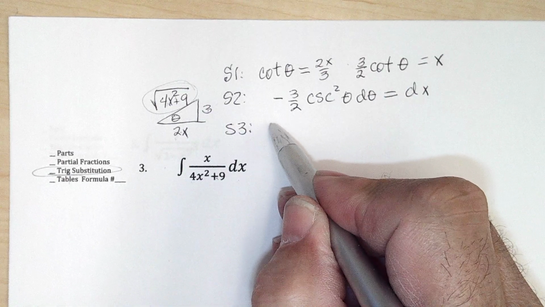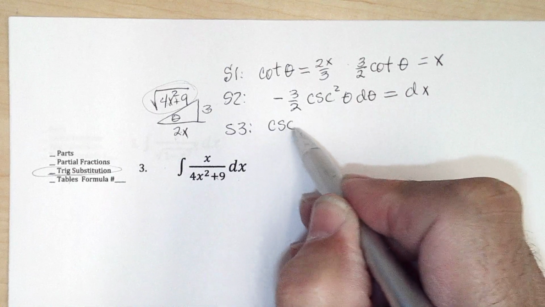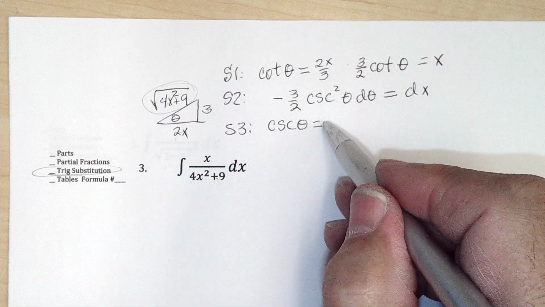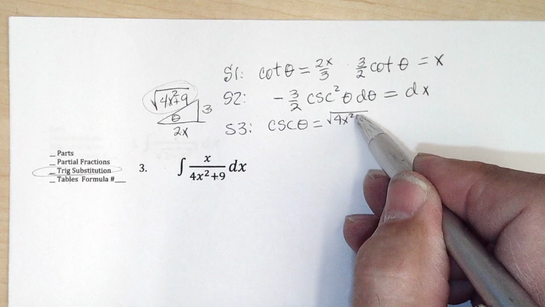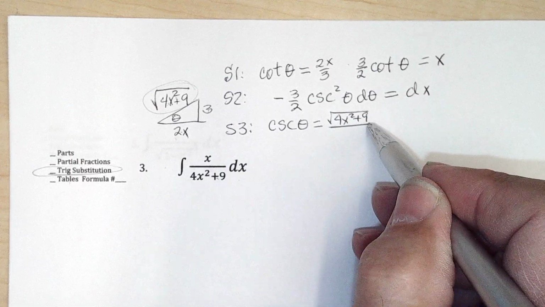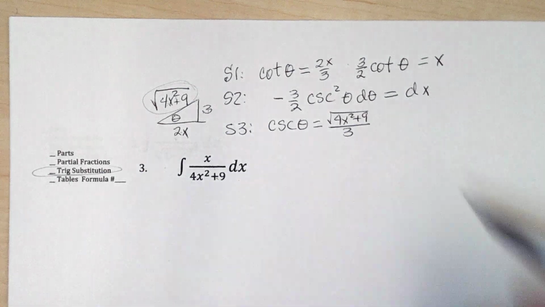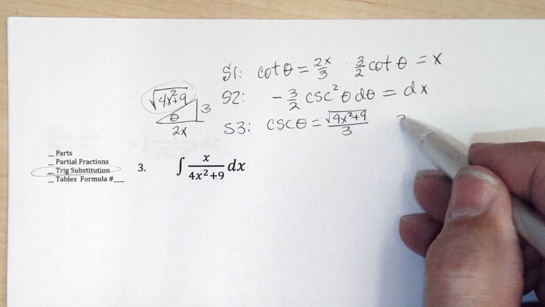So the reciprocal of sine is cosecant of theta is hypotenuse, square root of 4x squared plus 9 over opposite. If I wanted to get this, I would multiply by 3.